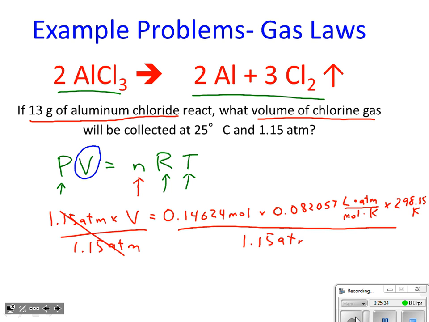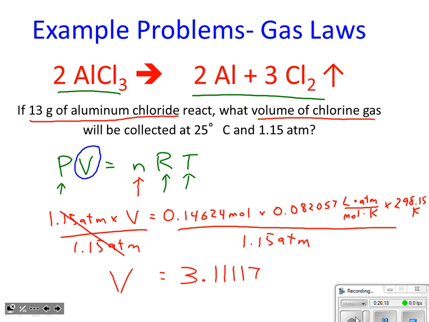When I do that math, I take my number of moles, multiply that by my constant and my temperature, and then I divide that number by 1.15 atmospheres, and I get a value of V equals 3.11117.